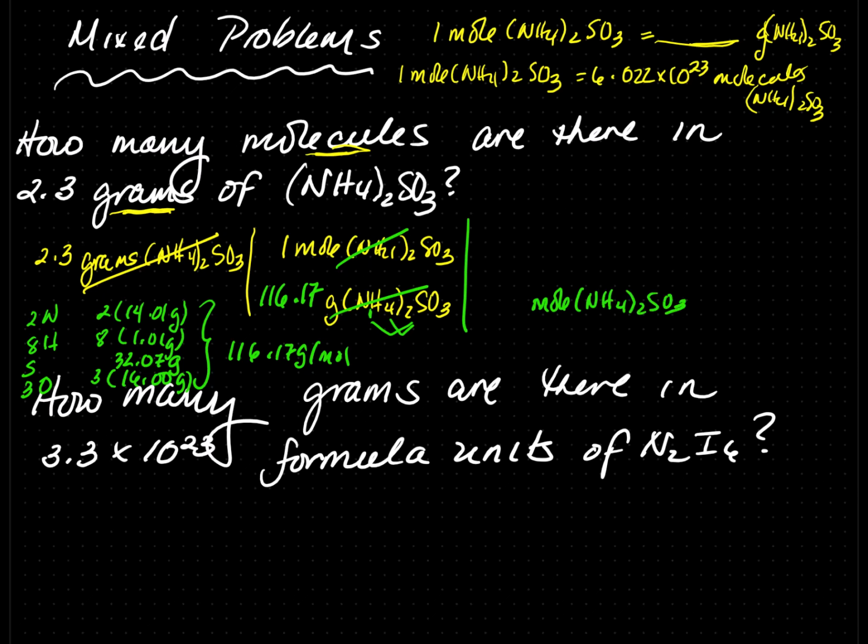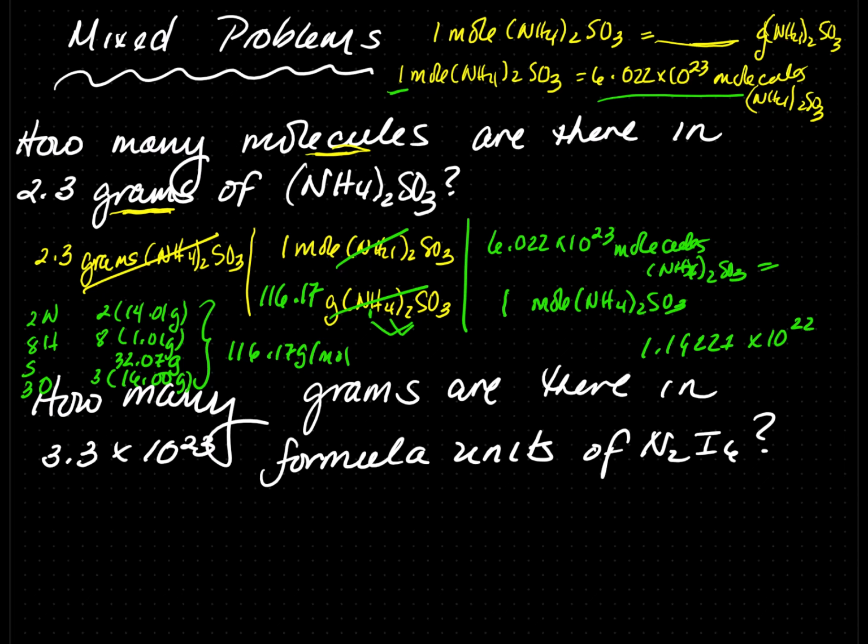Number in front of moles is 1. This is equal to Avogadro's number that goes on top of ammonium sulfite. So we're going to multiply 2.3 times 1 times Avogadro's number divided by 116.17 times 1. You should get 1.19227 times 10 to the 22nd.